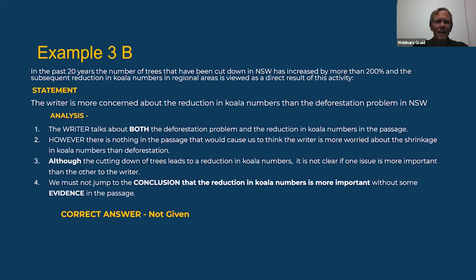However, there is nothing in the passage that would cause us to think the writer's more worried about the shrinkage in koala numbers than deforestation. No. Although, logically, the cutting down of trees leads to a reduction in koala numbers, it's not clear in the passage if one issue is more important than the other to the writer.